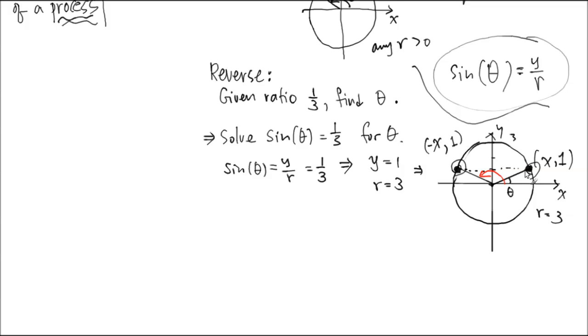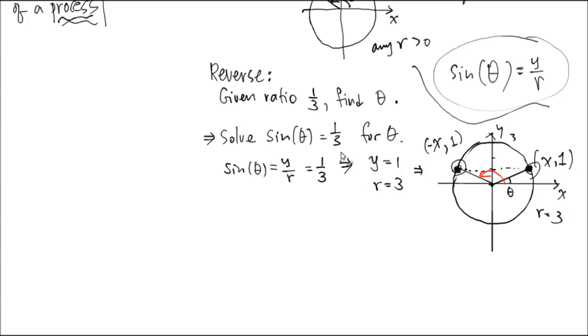Therefore, the value is the same. So which one are we going to choose? The calculator decided to choose one in the first quadrant. So what if I want an angle over here in the second quadrant? You have to figure it out, and you will have some examples to figure that out. Okay? Does that make sense?